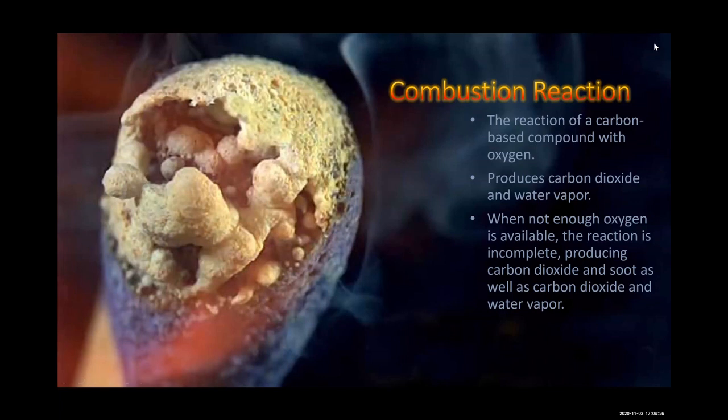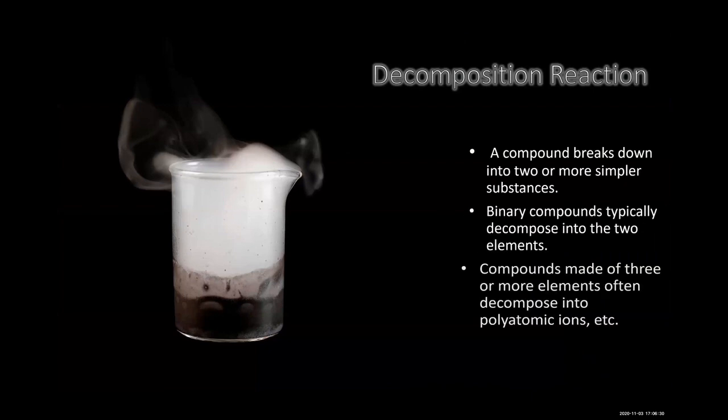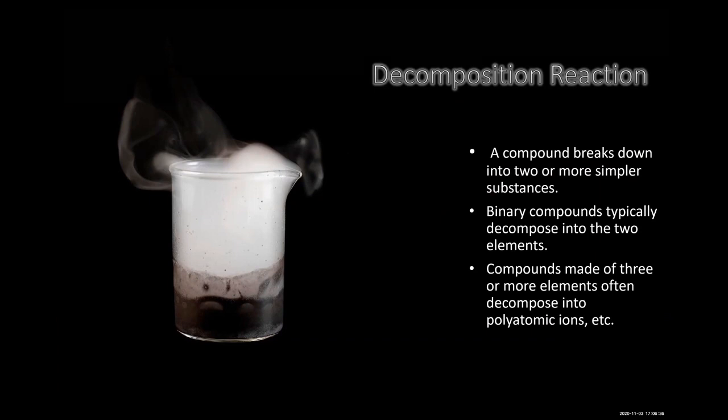Another kind of reaction would be a decomposition reaction, which is when a compound breaks down into two or more simpler substances. So your binary compounds are typically going to decompose into the two elements, and your compounds made of three or more elements often decompose into polyatomic ions, etc., that sort of thing.